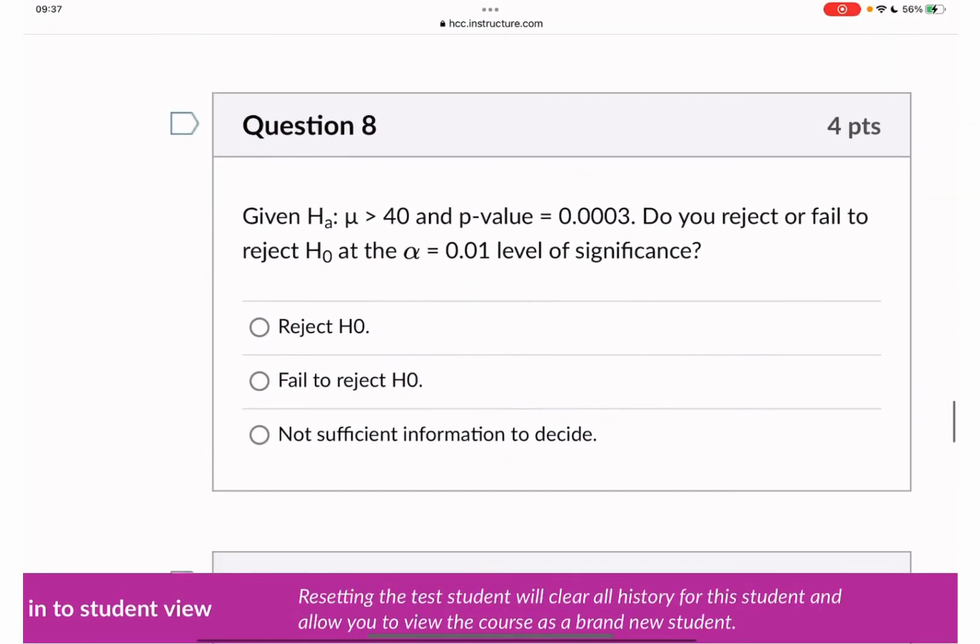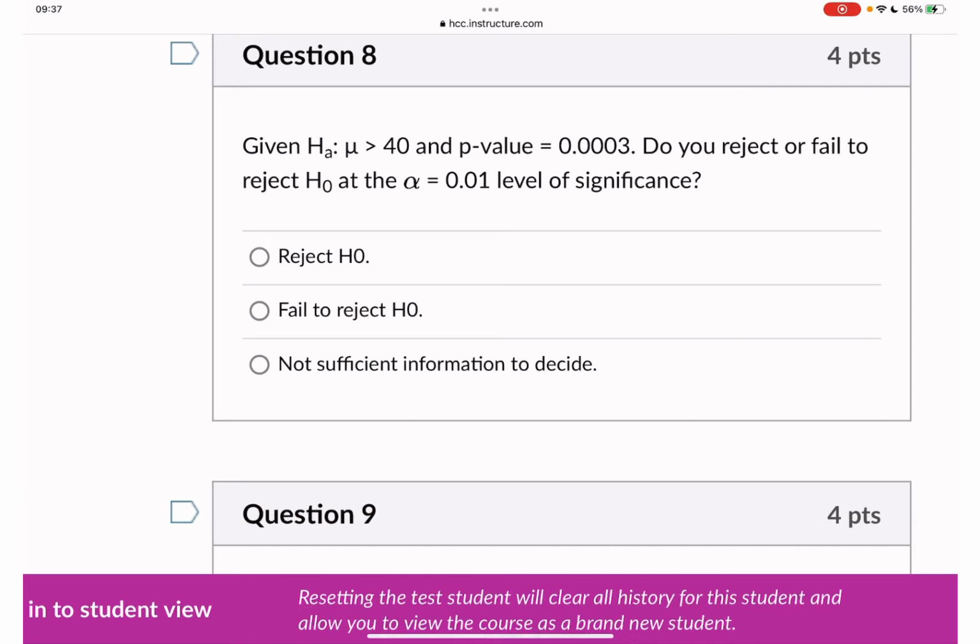Next question. The alternative is mu greater than 40 and the p-value is given. Do you reject or fail to reject the null hypothesis at alpha equal 0.01? Okay, how are we going to identify? We are going to compare the p-value to alpha. If our p-value is greater than alpha, then we fail to reject.